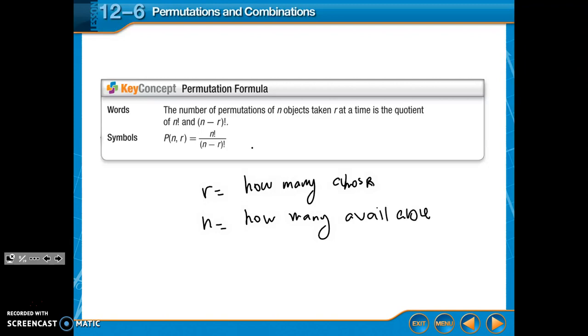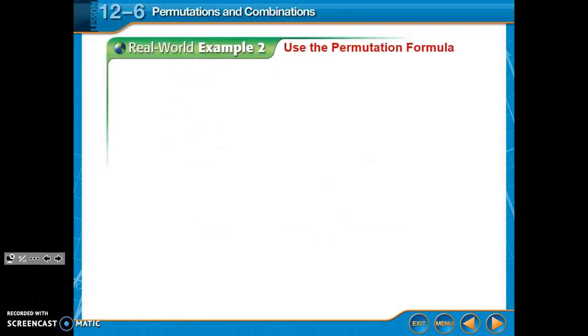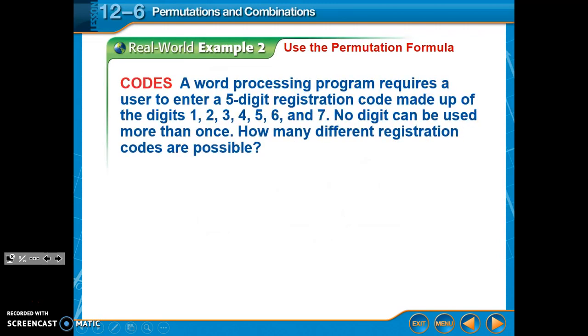The important thing to remember is in a permutation, the order in which numbers are organized matters. If you're thinking about a code or a password, a code is important in a certain order, right? So we want to use the permutation formula.